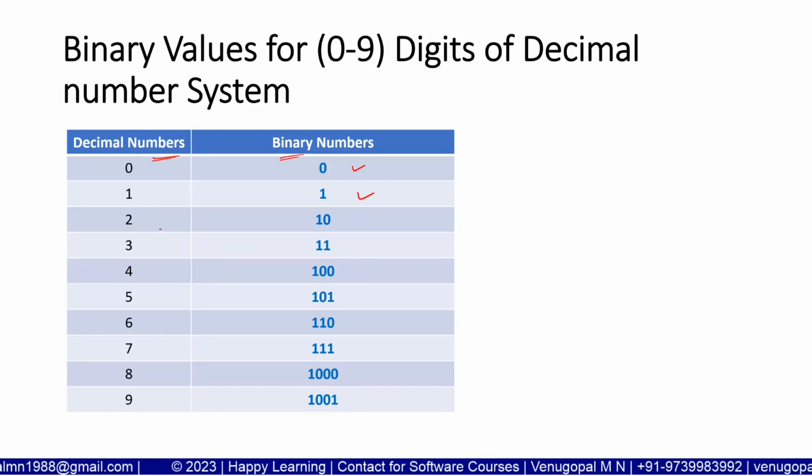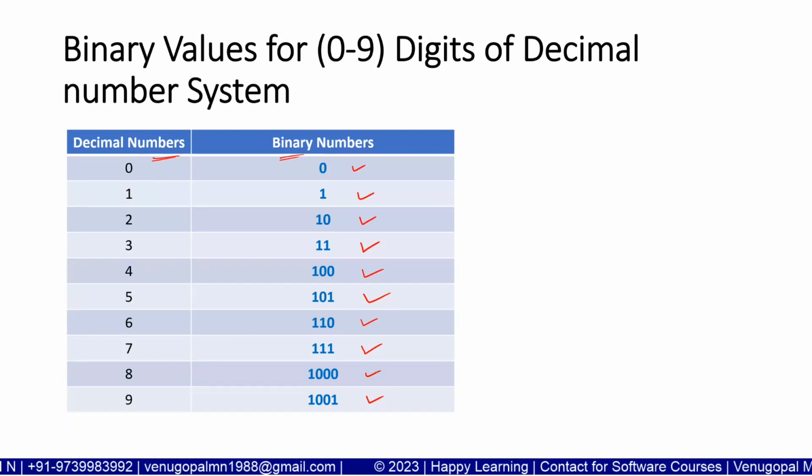The decimal number 2 is represented in binary as 10, and decimal 3 as 11. Similarly, 4 is 100, 5 is 101, 6 is 110, 7 is 111, 8 is 1000, and 9 is 1001.